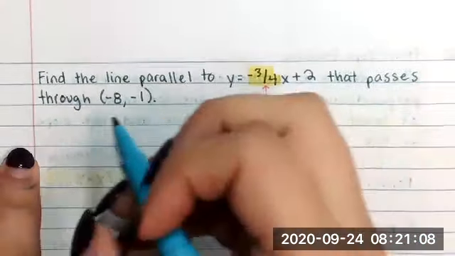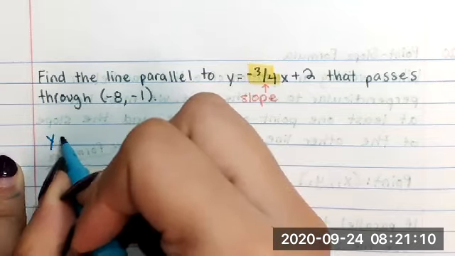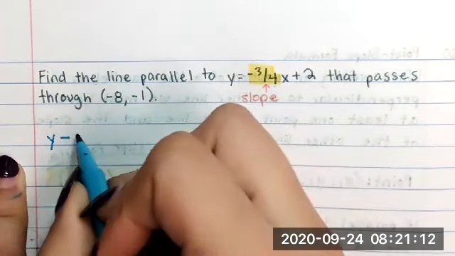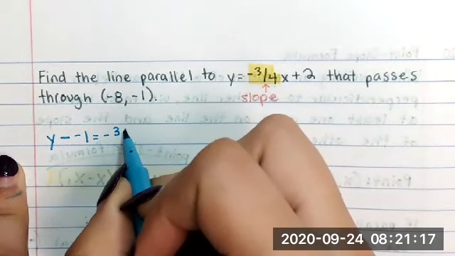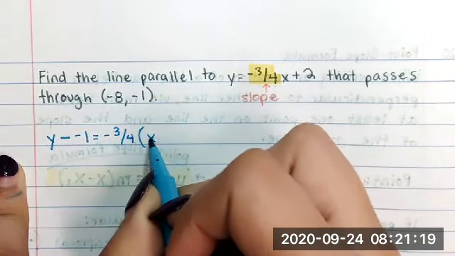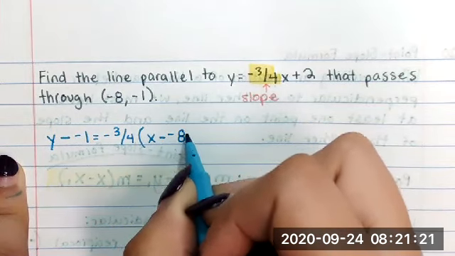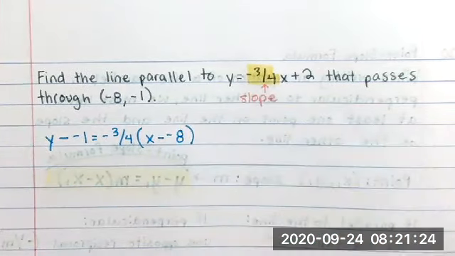So I'm going to do y minus the y coordinate equals my slope of negative 3/4 times x minus my x coordinate. Oh boy, there's a lot of negatives there.